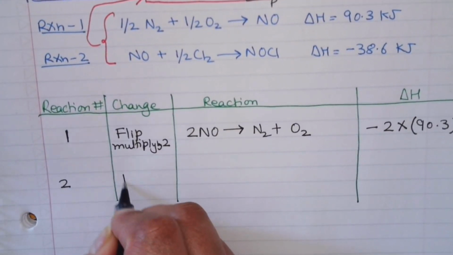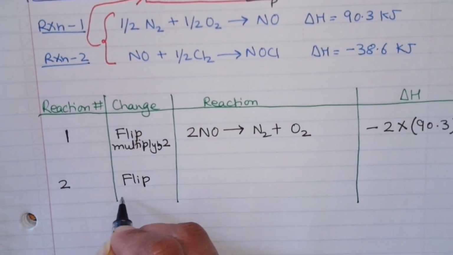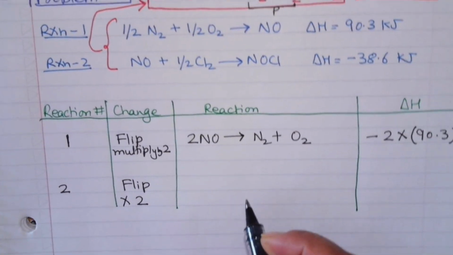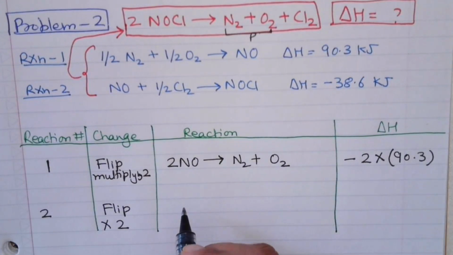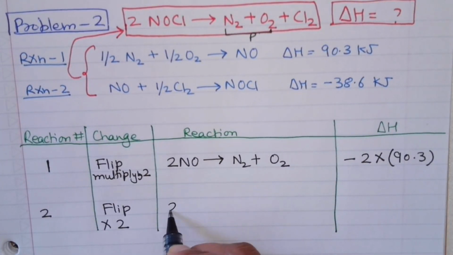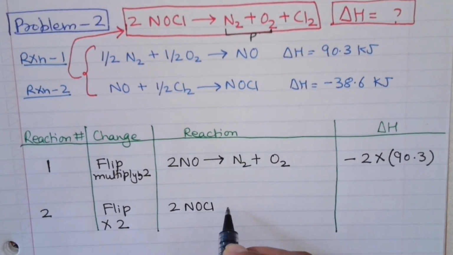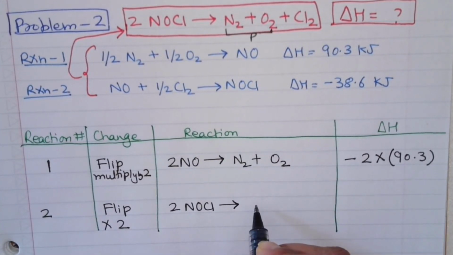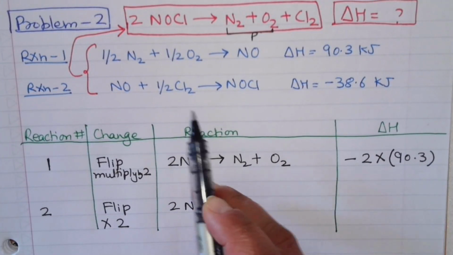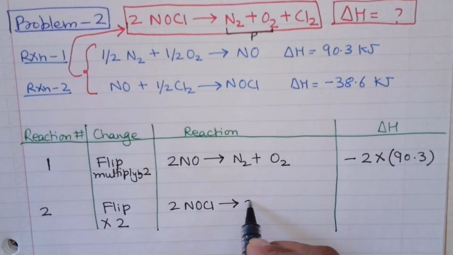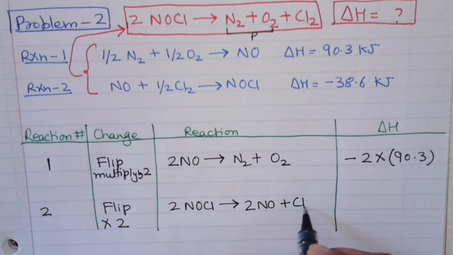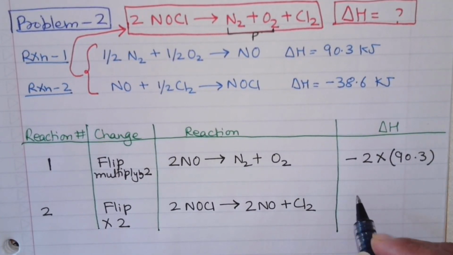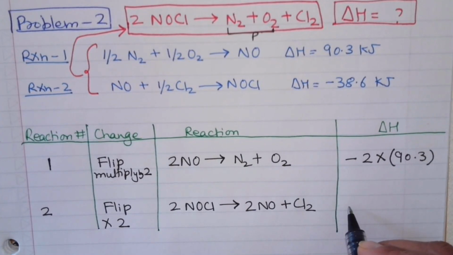So reaction 2, flip, then multiply by 2. So my equation becomes 2 NOCl when you multiply it by 2, and on this side I will get 2 NO plus Cl2.